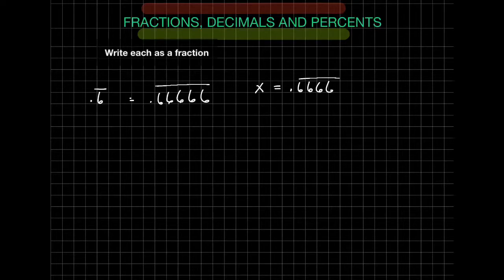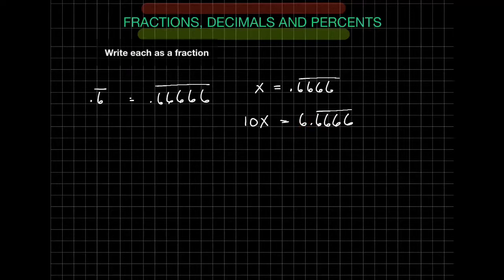All we're going to do is assign a variable to the decimal, and then we're going to multiply by 10. So then we're going to say 10x equals 6.666666, right? So remember that multiplying by a base number, you're just going to move that decimal over once.